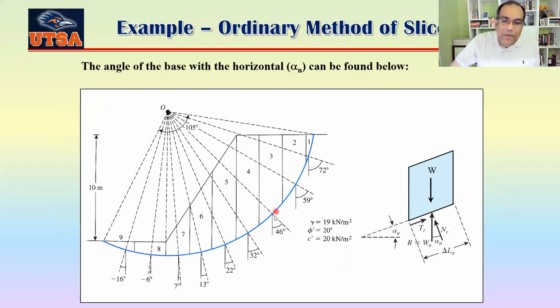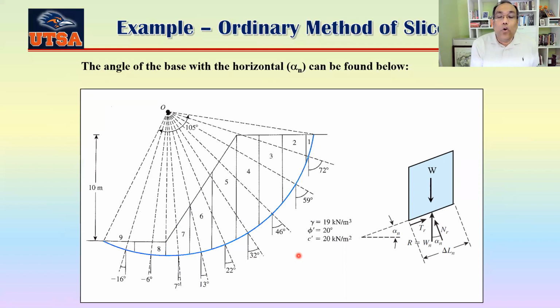But this one is easier because you can just draw that line at the midpoint and see what is the vertical angle that it makes, okay? So this would be much easier to do in AutoCAD, if you know how to do that. If you don't know, as a civil engineer, I expect that all of you already know that.